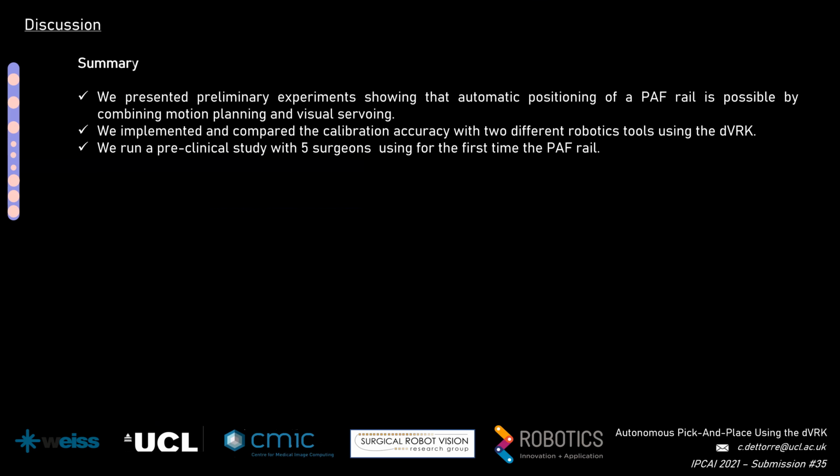To sum up the work contribution, we presented a preliminary experiment showing the automatic positioning of the path rail is possible by combining motion planning and visual servoing. We implemented and compared the calibration accuracy with 2 different robotic tools using the dVRK. We ran a preclinical study using 5 surgeons using for the first time the PUF rail.